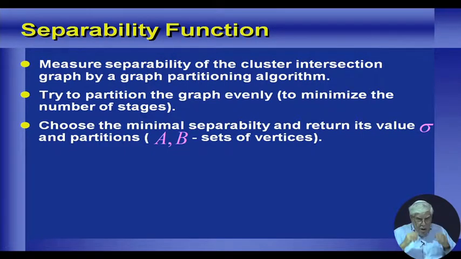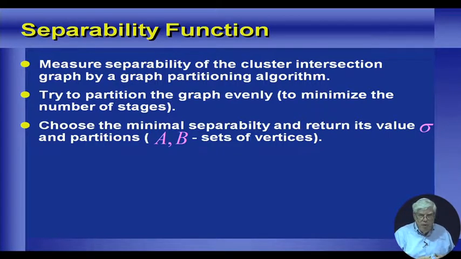Now, theoretically, I'm going to talk about a separability function, which is going to somehow measure how easy it is to partition my graph into 2 pieces. And the separability will be high if it's hard to cut through without paying a high price.